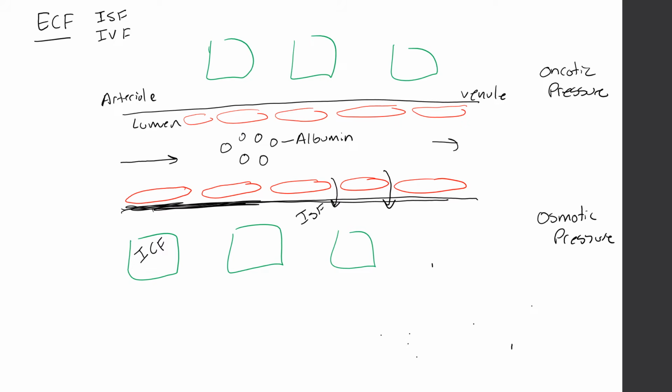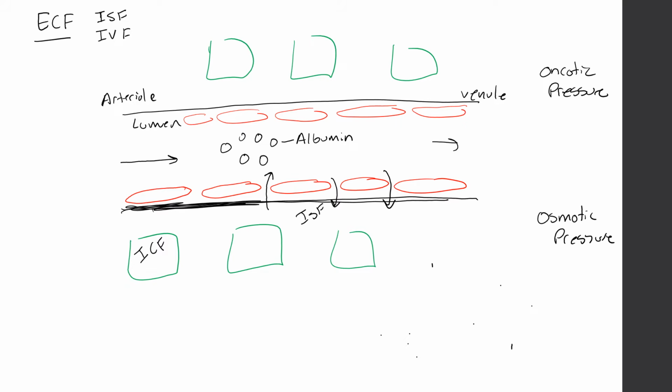Now, there is protein in the interstitial fluid, just not as high a concentration as that in the vasculature with albumin and globulins and so on. And since it cannot permeate and get through into the interstitial space and equilibrate, it can have an effect on osmotic pressure. And so it actually does, and it can actually cause water, in some circumstances, to move from the interstitium back into the vasculature.